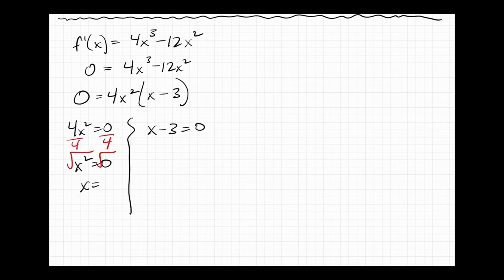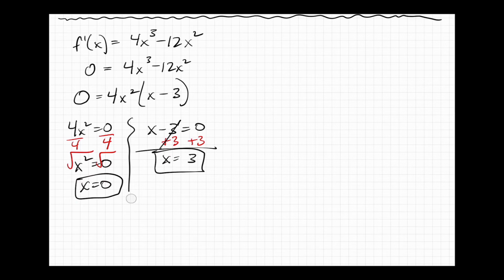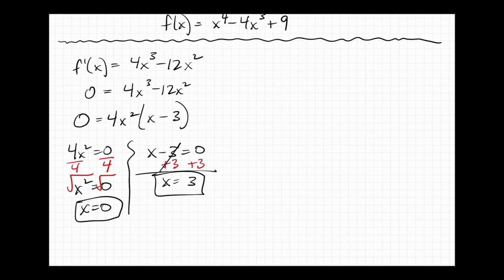You get 0 and positive 3. Okay, 0 and positive 3. Those are the critical values. That's where a maximum or minimum are going to occur.